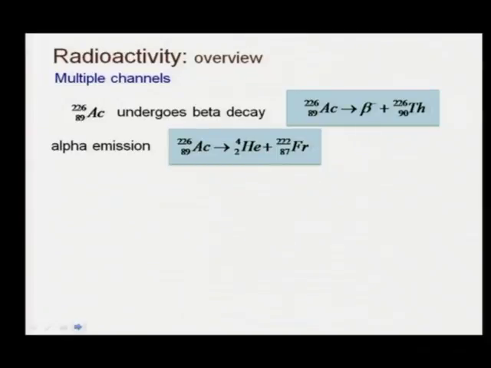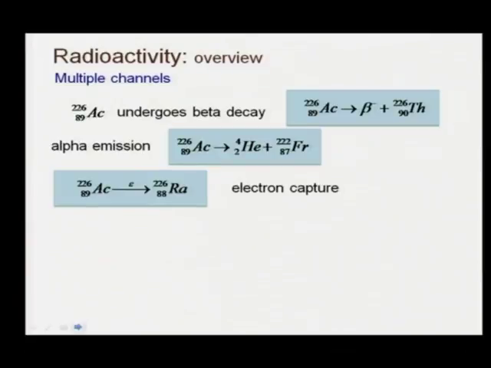Say, for example, if you take actinium which has 89 protons, with mass number 226, it is observed that it beta decays to thorium 90, and it also undergoes alpha emission to francium with 87 protons in it.